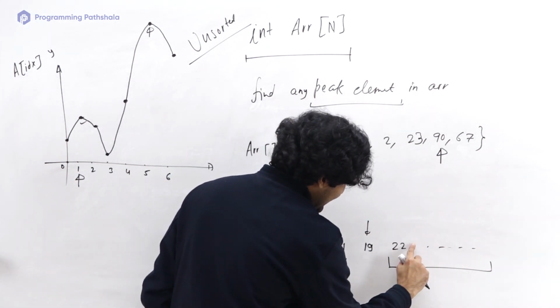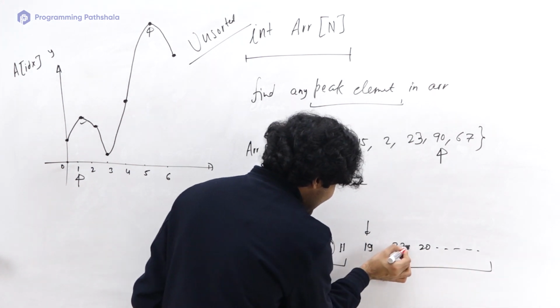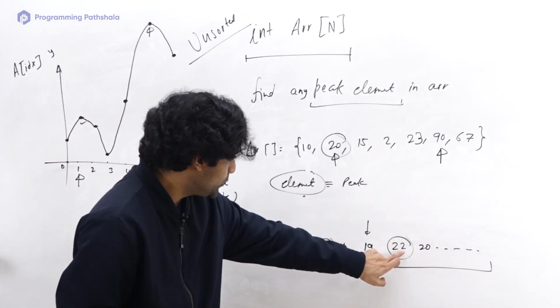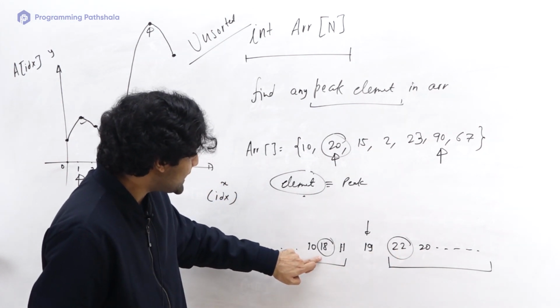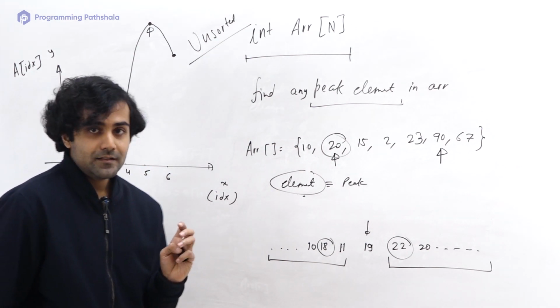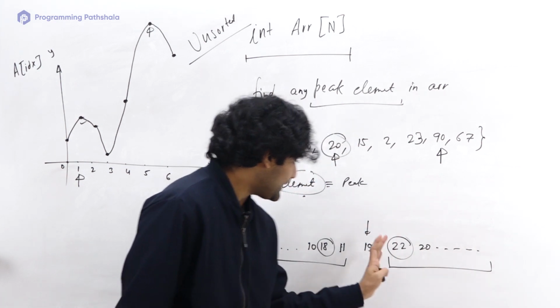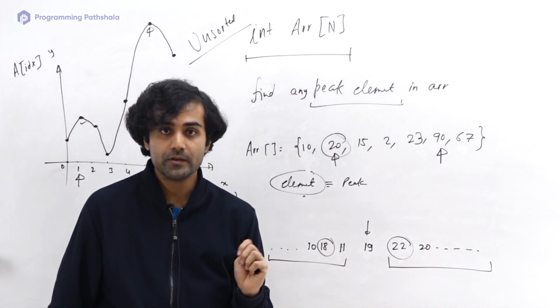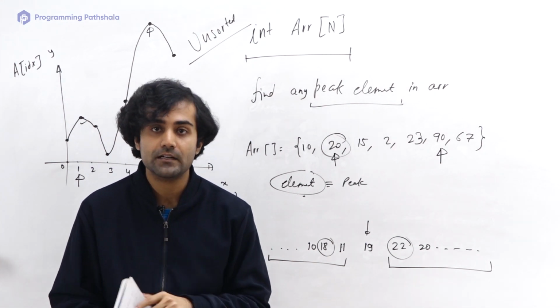Let's say you immediately had 20 over here, then you could have a peak in this part also, because 22 is greater than or equal to this and greater than or equal to this, and the same is the case of 18 when compared against 10 and 11, right? Now, I'm not really sure whether my answer can lie in this part or in this part, because you know that there can be multiple peaks, and this is giving you a glimpse of that.